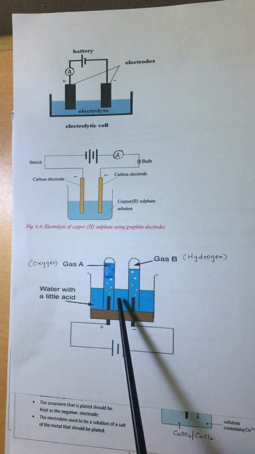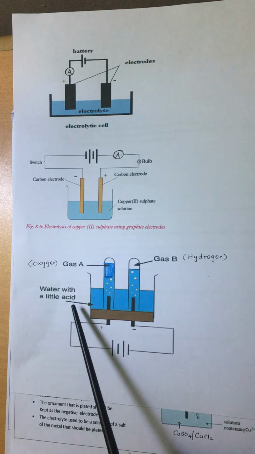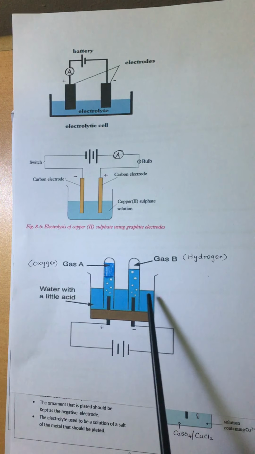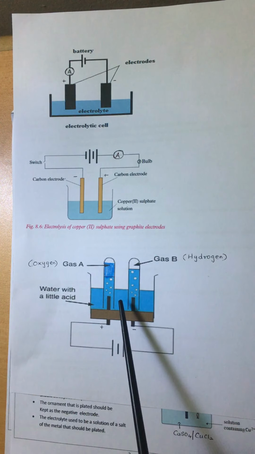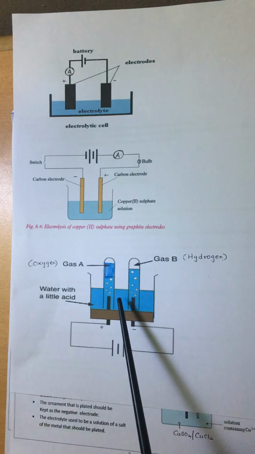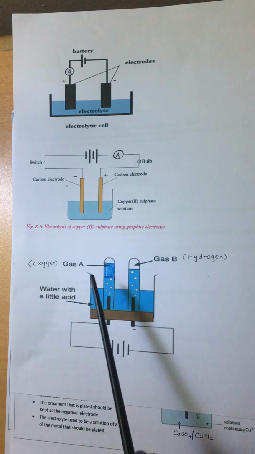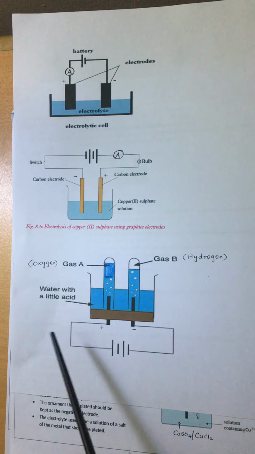So here also we are sending electricity through water with 2 or 3 drops of acids, but mostly water molecule. So what happened when the electricity passes through this water, the water molecule splits into oxygen and hydrogen.